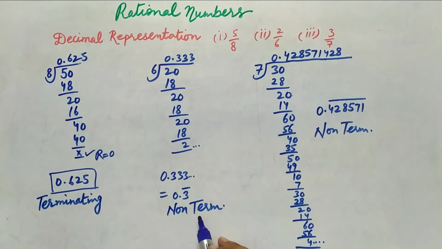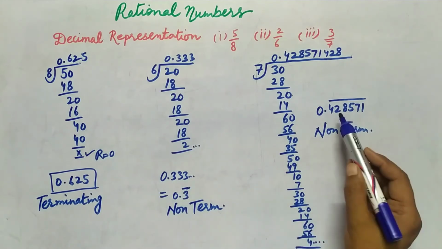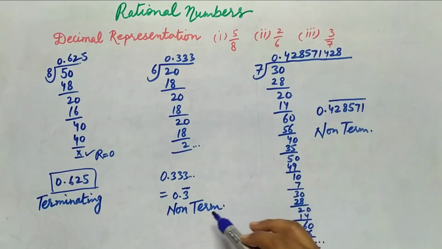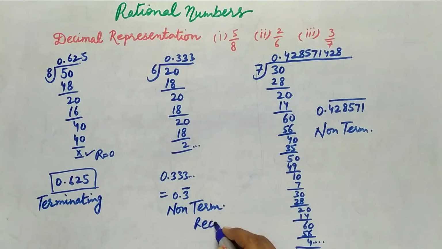But here, in both the cases, the terms are repeated. Whether it is the same number or the digits, after some time they are repeating. So these are called non-terminating, recurring decimals.